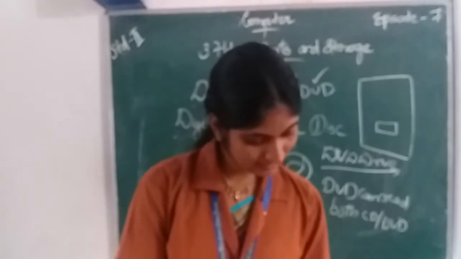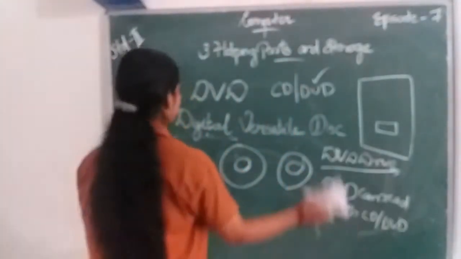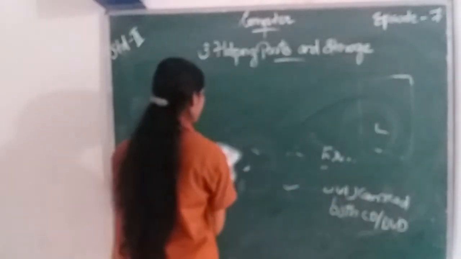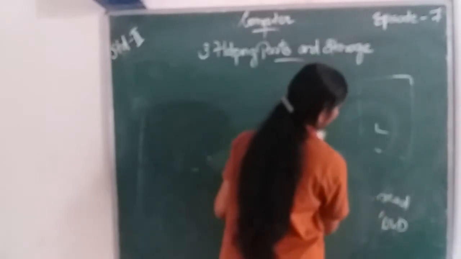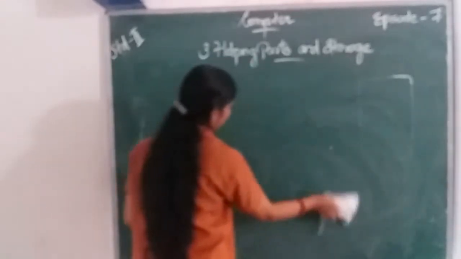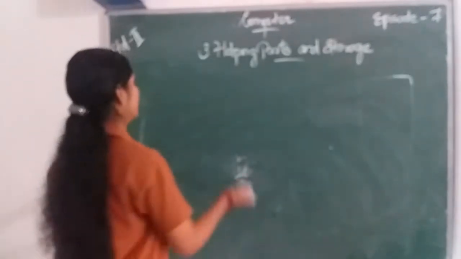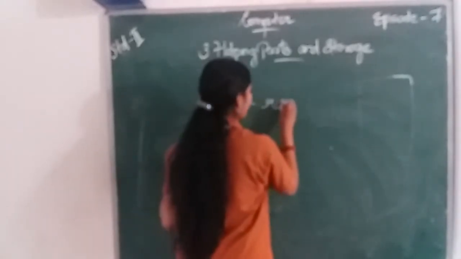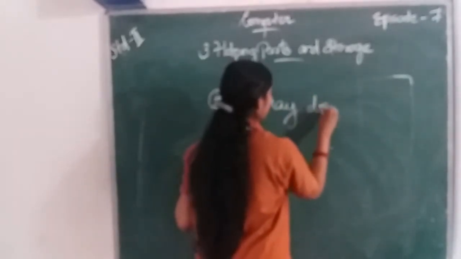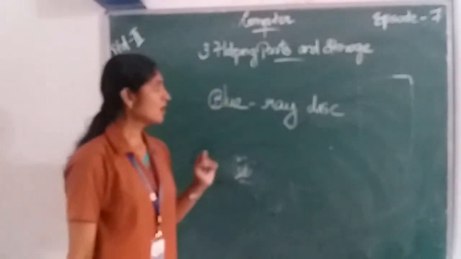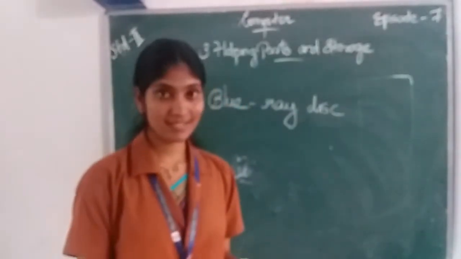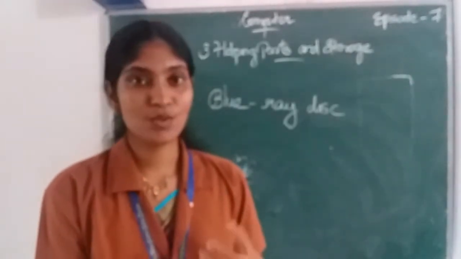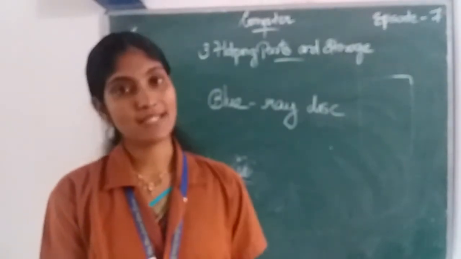Next is the Blu-ray disc. Blue, B-L-U-E, Blu-ray, R-A-Y, disc, D-I-S-C. A Blu-ray disc is also a storage device and it is 5 times better than the DVD.